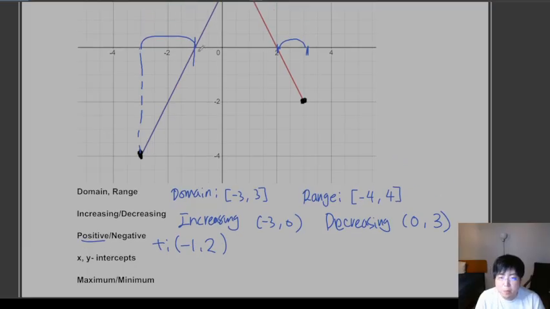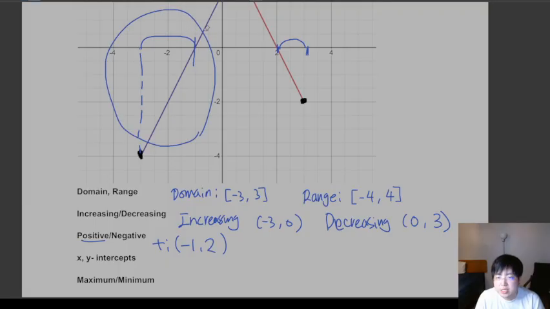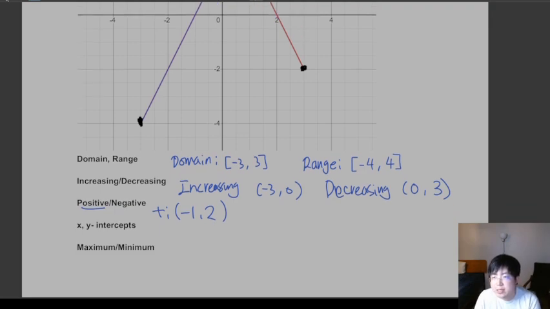So if you look at this left portion where the function is negative, that's from when x is -1 to x is -3. But in this case, I'm not going to include -1, but I'm going to include -3. Why? Because when x is -1, y is exactly 0, so that's not negative.